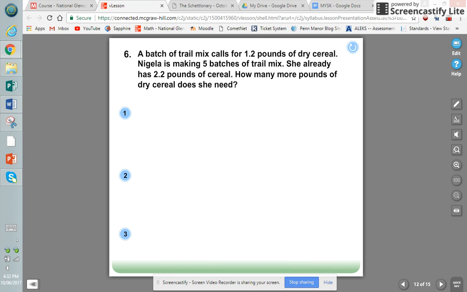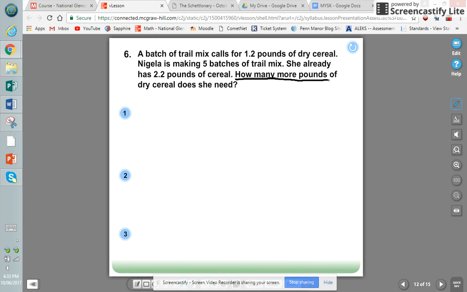Agelia is, someone will probably write in and let me know how to pronounce that, is making 5 batches of trail mix. She already has 2 2/10 pounds of cereal. How many more pounds of dry cereal does she need? Oh, that how many more seems super important to me. Make sure I find how many more pounds. That's what I'm looking for.